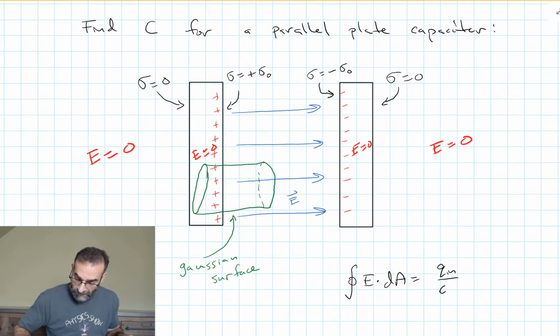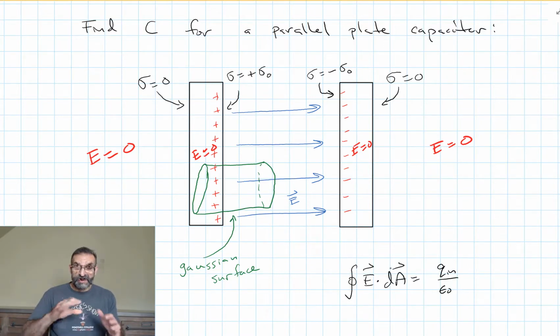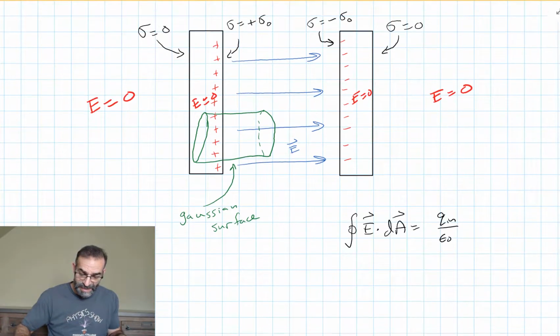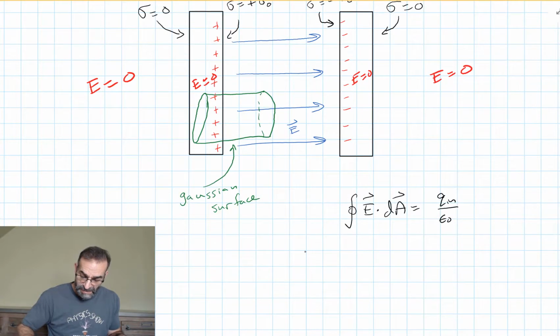Gauss's law, the integral of E dot dA over all three sides of this cylinder, this Gaussian surface I drew, has to equal Q inside of my Gaussian surface over epsilon naught. So let's see how that plays out.